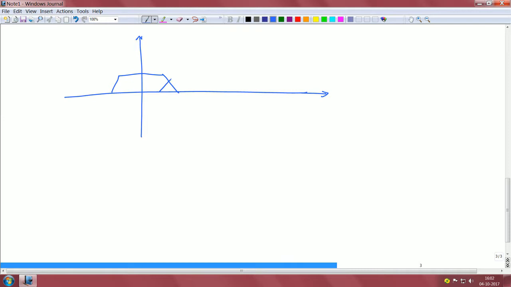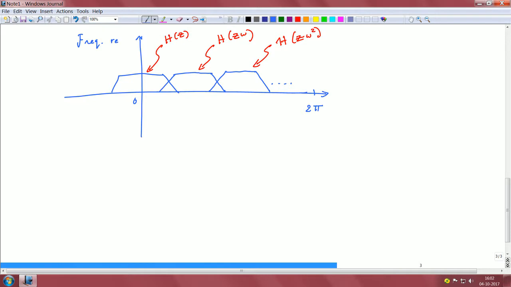So, you may have, let us say this is h of z, this is possibly h of z omega, so dot dot dot, this is h of z omega square and so on. Somewhere we have to have 2 pi, this is 0, these are frequency responses.